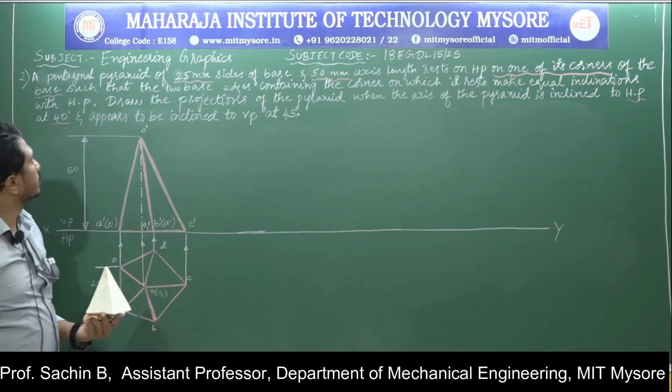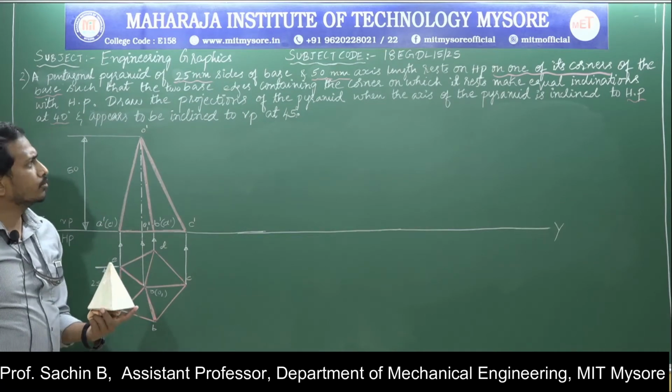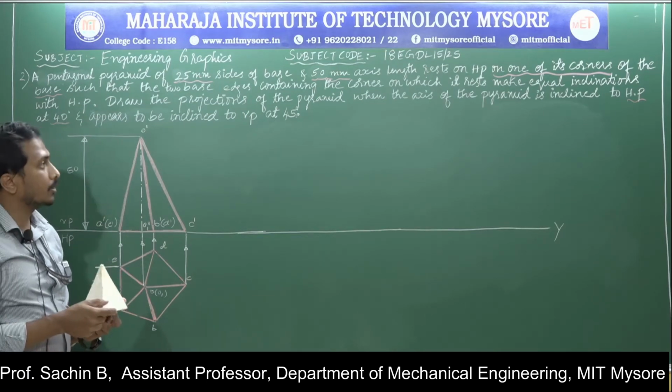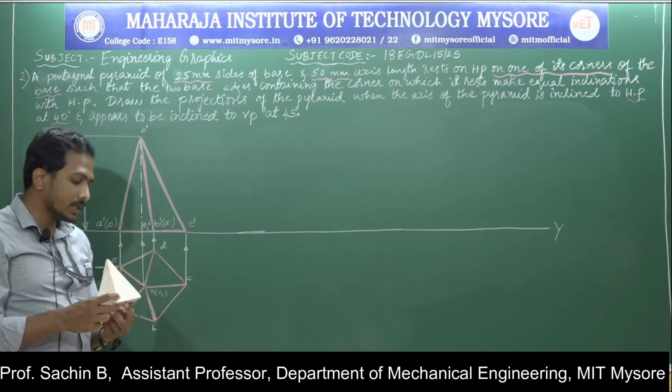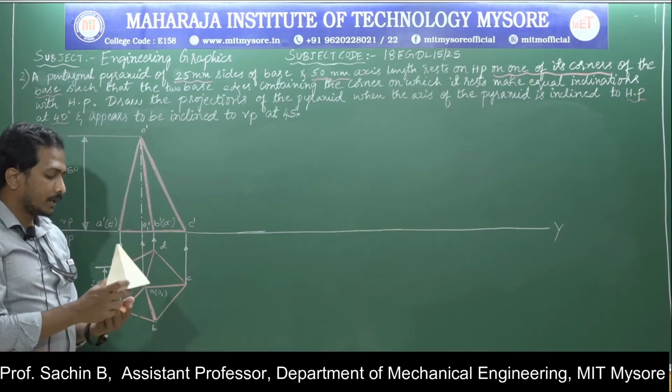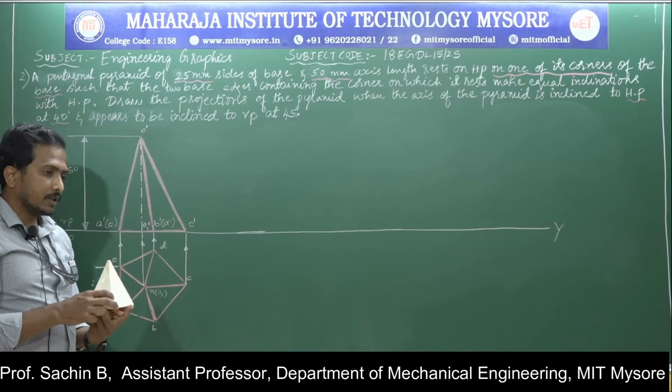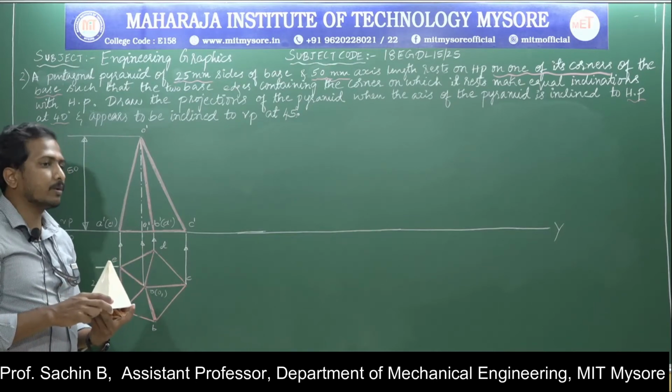Next, in the second condition they have given that the two base edges containing the corner on which we rest make equal inclinations with HP. Now, I kept the object like this. We always do the construction towards my right.